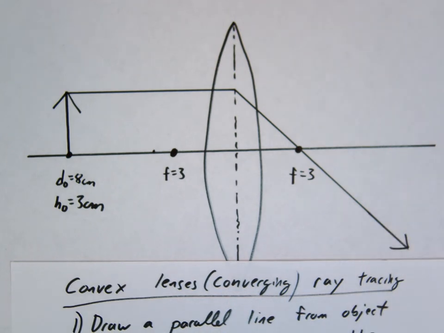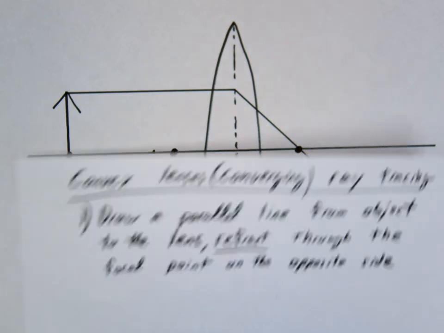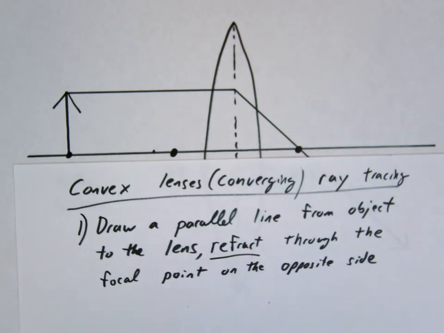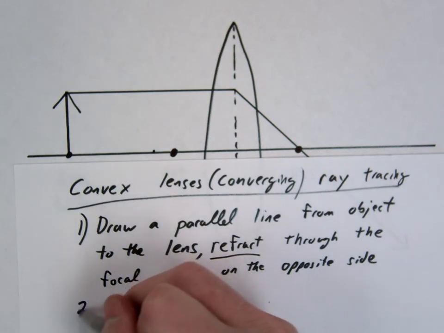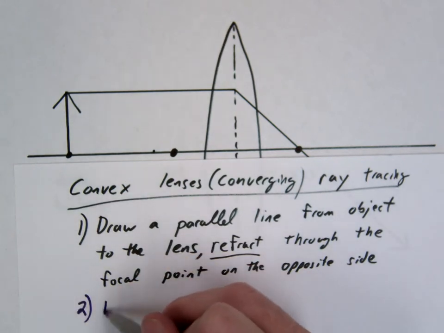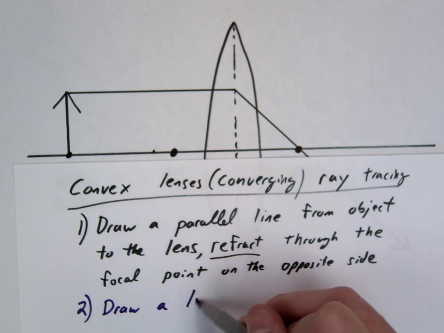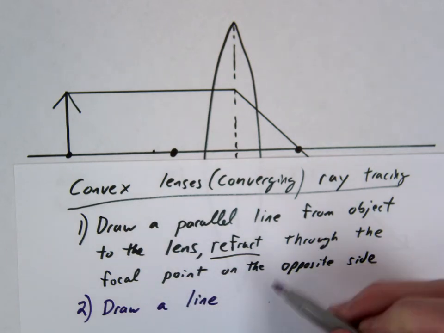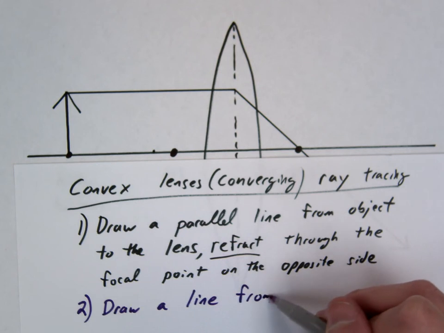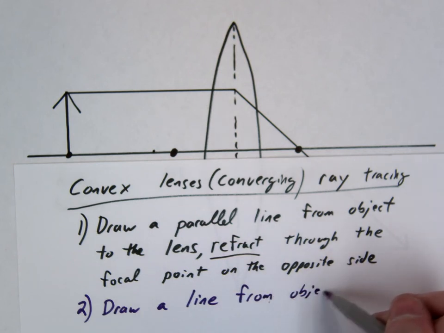Alright, what is beam 2 then? What is beam 2? From the object, and then how? Through the focal point. So we're going to follow the same kind of basic rules.